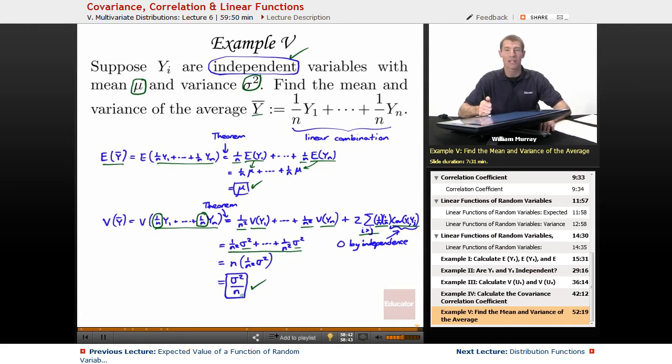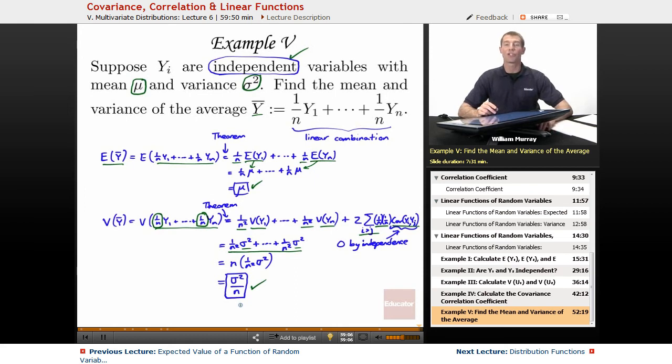Essentially, this means if you take the average of many things, it's not going to vary as much as individual members of the population will, because the variance sort of shrinks down as you take a larger and larger sample. So that's a very classic result in statistics, and now you know where this classic formula comes from.